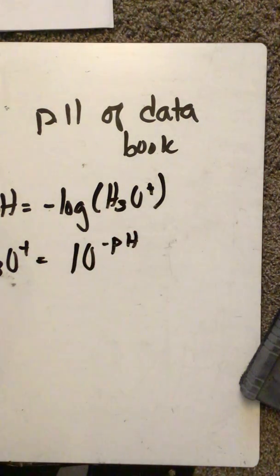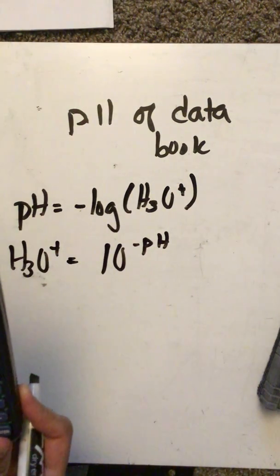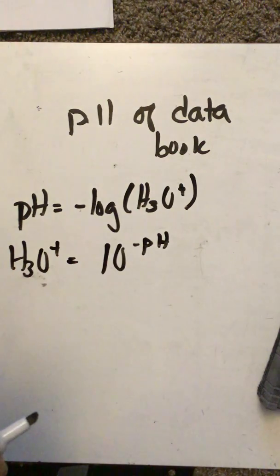So you are going to need a calculator. It doesn't have to be a TI-83 calculator. It can be a regular calculator that has the log notation on it. So here we go.